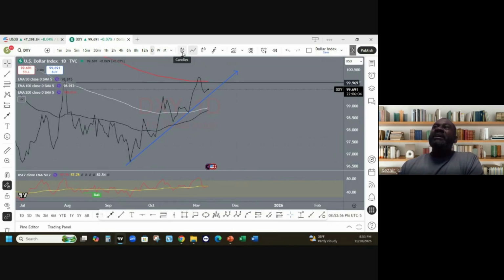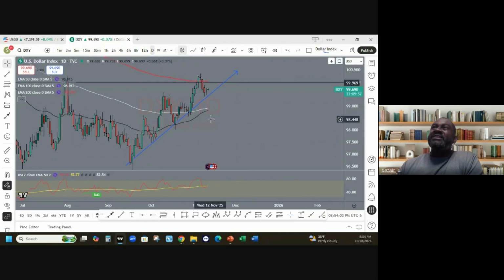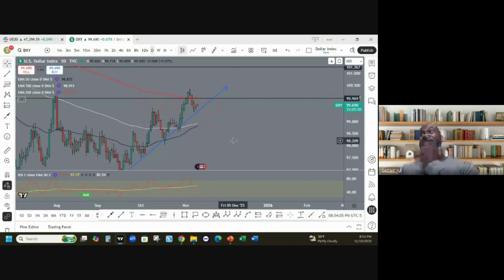To get a better picture, I'll show everything. Now I'm getting a better picture of it. We want to see what happened today in the dollar index. Some people might know this, some might not. Because we're in the daily time frame, every little bar you see here is called a candlestick.